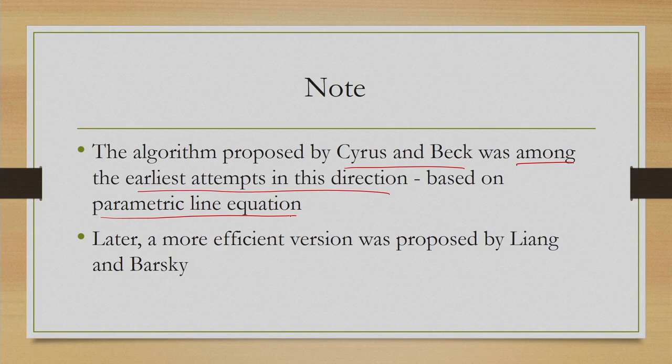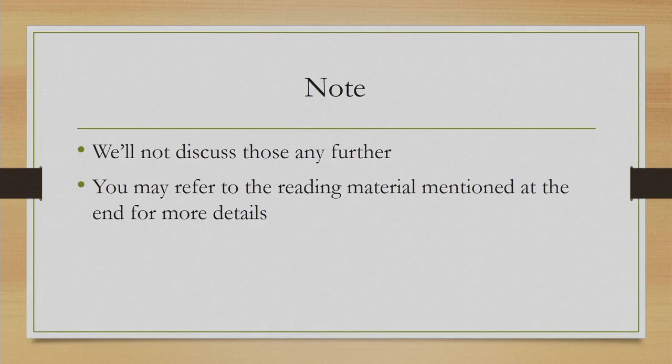Later, a more efficient version was proposed by Liang and Barsky. However, in this course, we will not discuss those algorithms any further. If you are interested, then you may refer to the reading material that will be mentioned next.